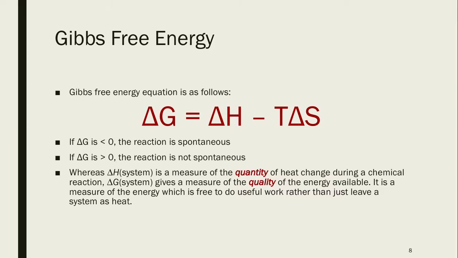It is a measure of the energy which is free to do useful work rather than just leave a system as heat. So in order to determine if a reaction is spontaneous, we must take into account the enthalpy change, the entropy change, and the temperature. All three of those play a role.